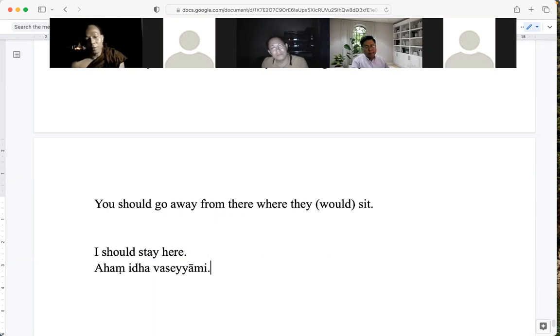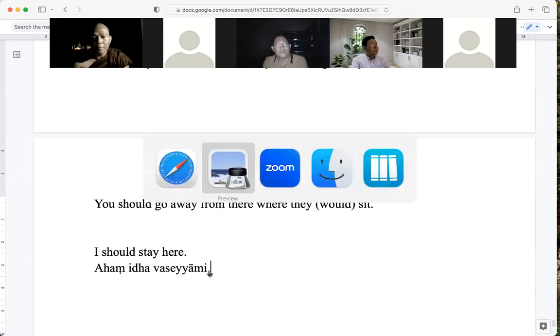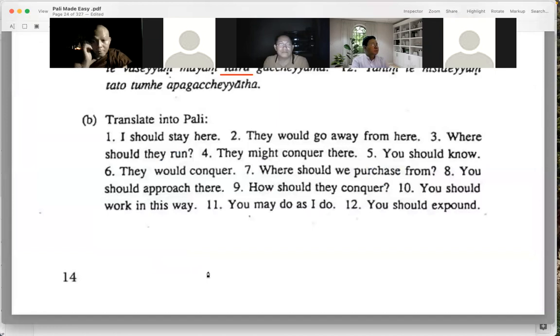So try to do the exercise in this way by yourself later. And then they will go away from here. They will go away. Very basic, but very detailed. So that one will help you to understand systematically. And they will go away from here. They means they, and maybe ete or te, person plural.